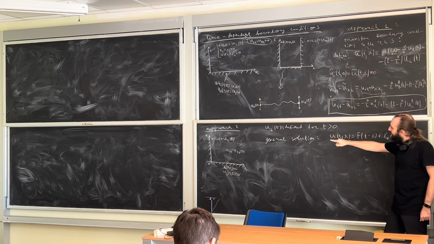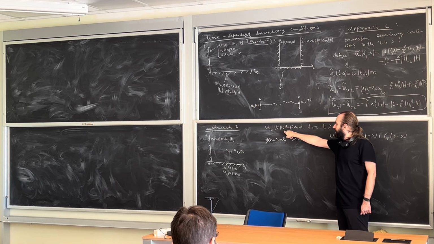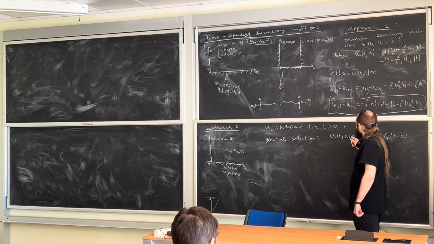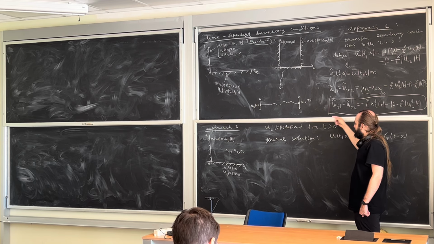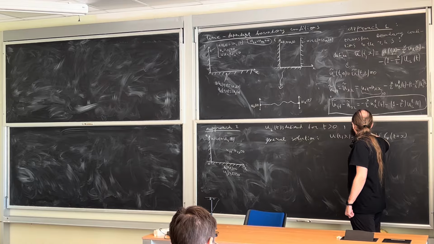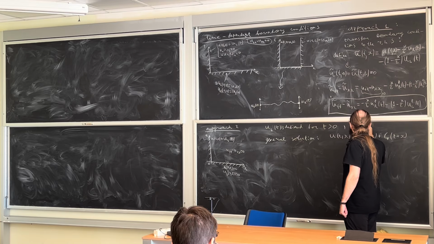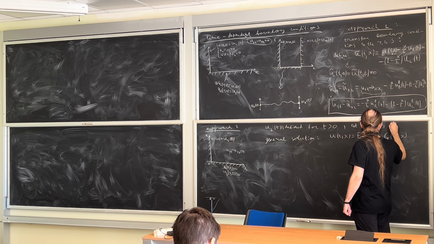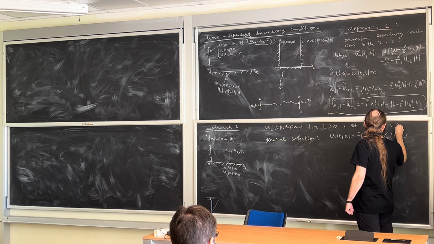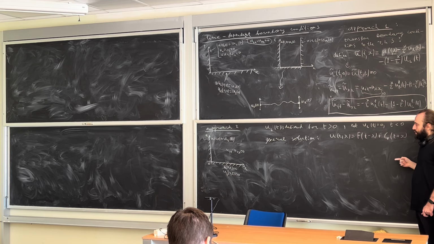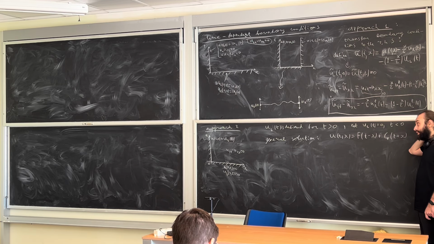And by the way, concerning the definition of this u_L of t, let us extend it by 0. So let us say that u_L of t is 0 for t negative. So the general solution of the wave equation equals this.